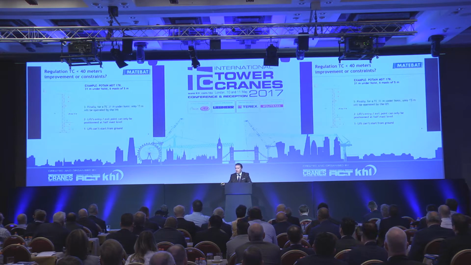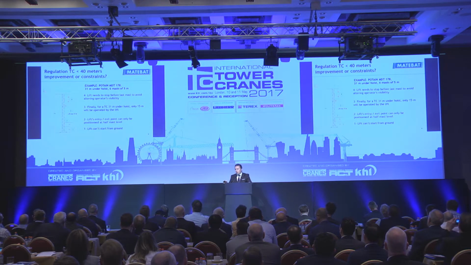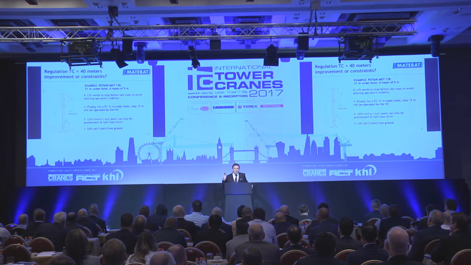Then, the lift needs to stop before the last mast to avoid altering the operator's visibility. So all that to say that in that configuration, which is the most standard one, the pure elevation done by the lift will be only 16 meters.